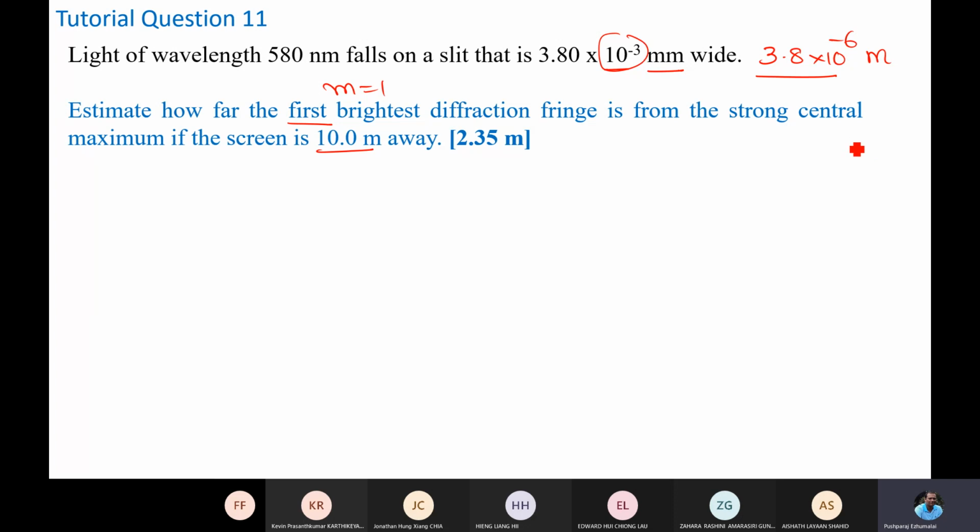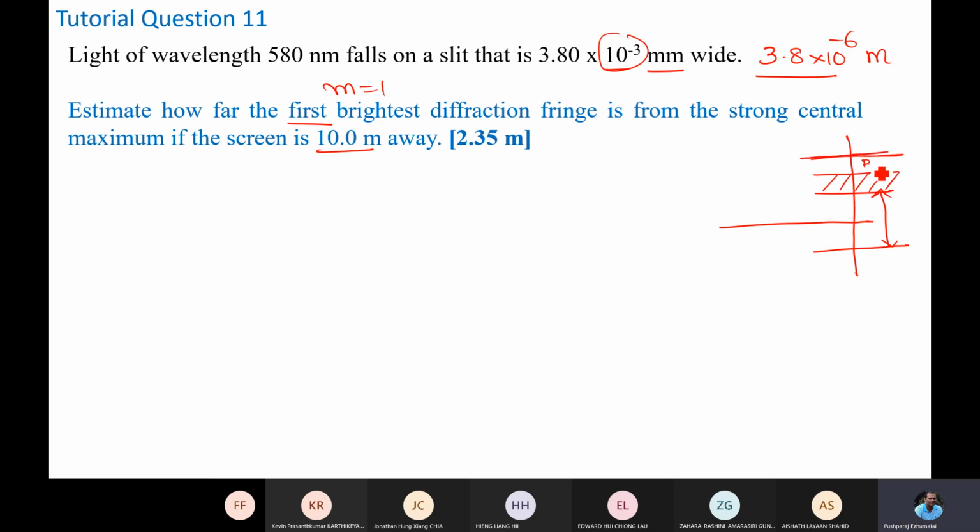Okay, so this is the pattern. We know the pattern here. So this is the central maxima. The entire thing is central maxima. And then we get the dark. So this is the first dark. And then we get the bright. So this is the first bright.